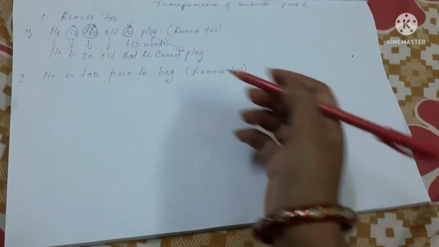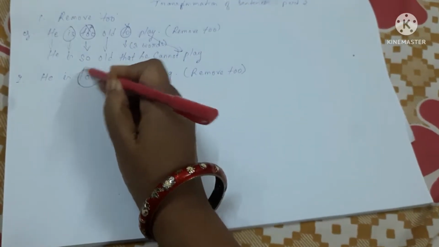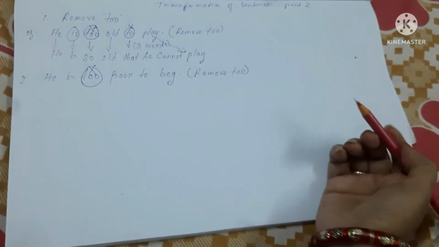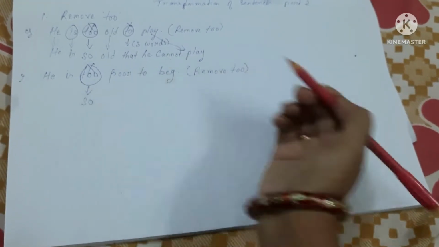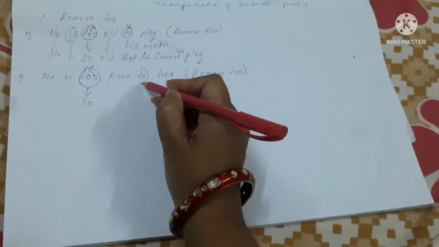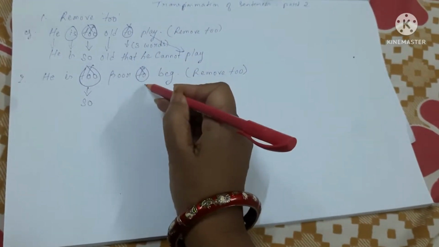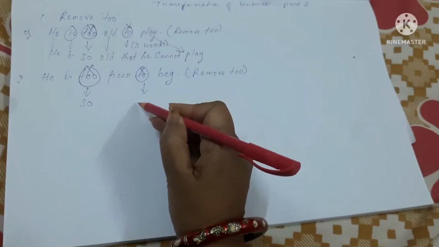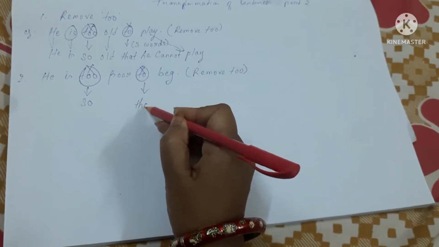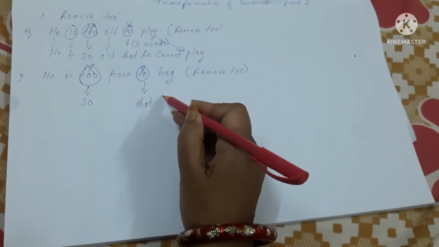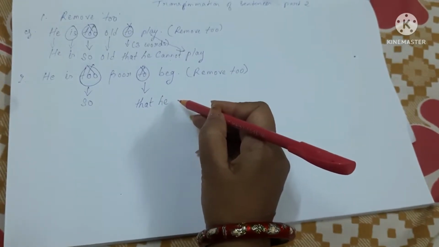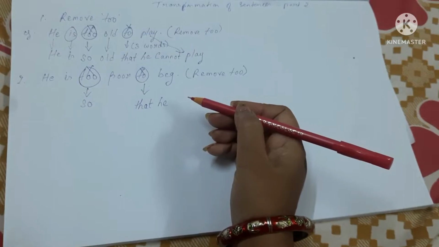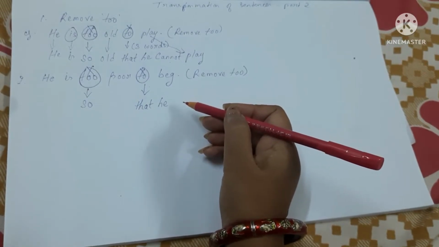So you simply have to remove this too, and in place of it, you have to write so. Let's remove these two, and in place of these two you have to write three words. Number one, that. Number two, the pronoun he. And number three, the word according to the tense.